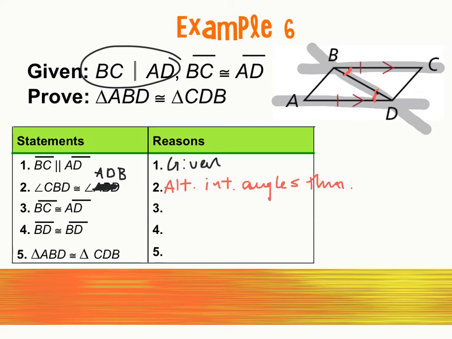So next we see for statement number 3 that segment BC is congruent to AD. We already saw that again here in our given, so we know that our reason for number 3 is given. For step number 4, it says that segment BD is congruent to segment BD. That's the same thing. So we know that this is true because of the reflexive property.